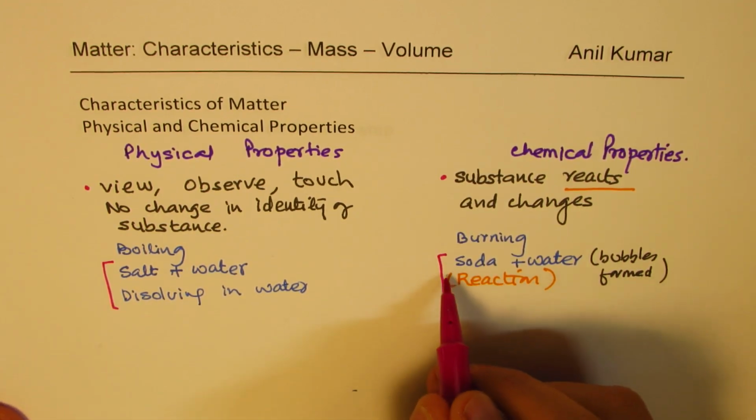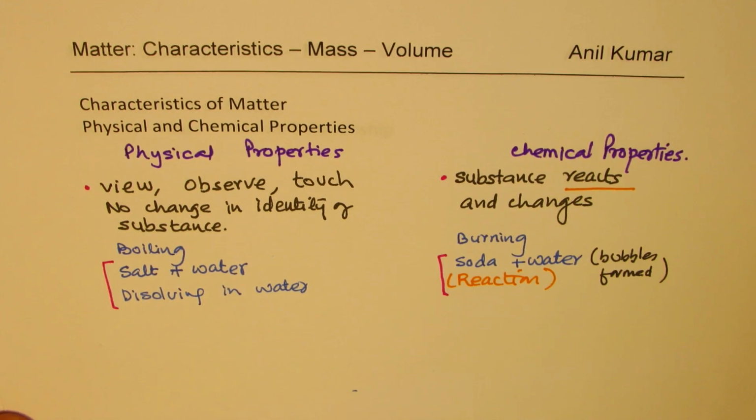Here, it is reaction with water. It's a different story altogether. So there are a few fine lines which we need to understand when we are trying to figure out what are physical properties and what are chemical properties. Is that clear to you?